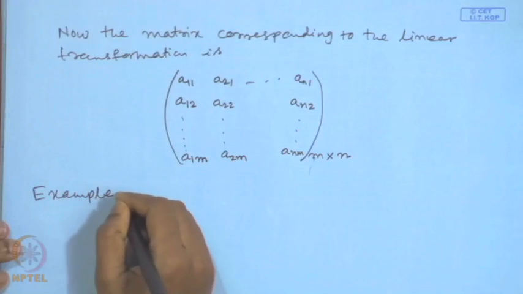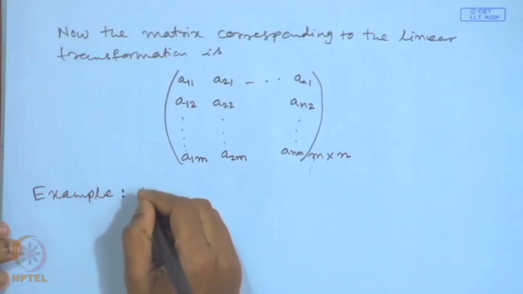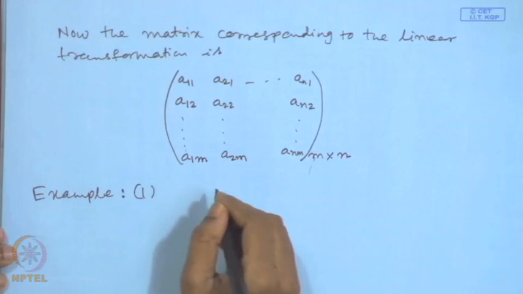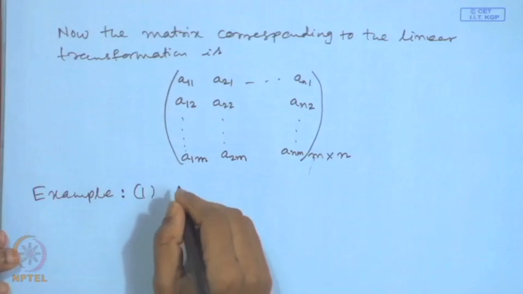Consider this first example, where we shall consider a matrix and from there we get a linear transformation.